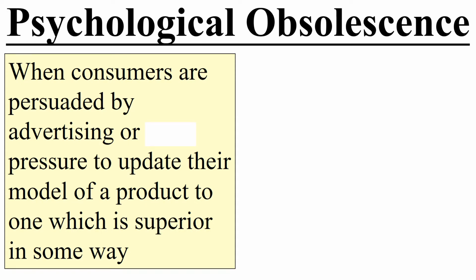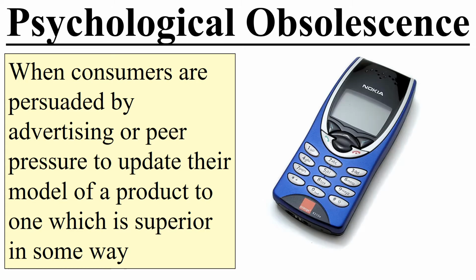And then the last one is psychological obsolescence. That is when consumers are persuaded by advertising or peer pressure to update their model of a product to one which is superior in some way. So, for example, that, which we'd like to refer to as a brick, I suppose.